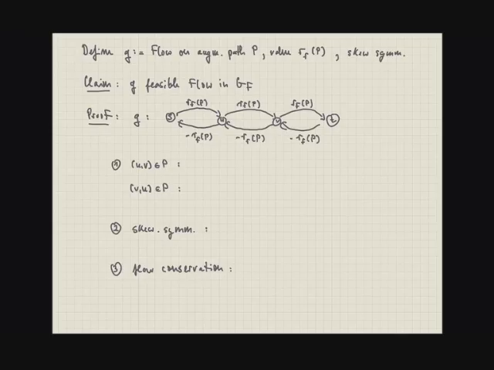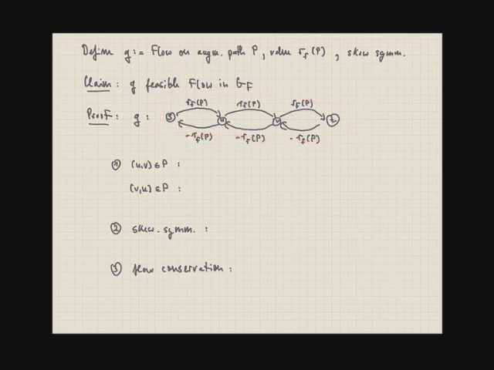So here G now denotes the flow on the augmenting path P. That means that on all the edges of that path, we are sending an amount equal to the residual capacity of that path. And of course, in order to maintain skew symmetry, the edges in the backward direction have a flow value of minus the residual capacity of that path.